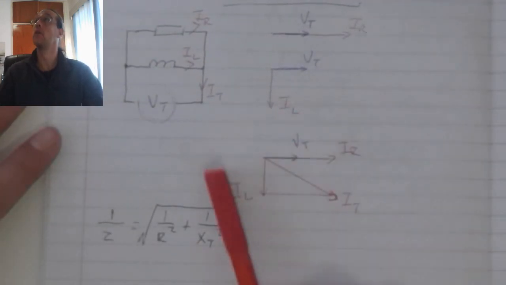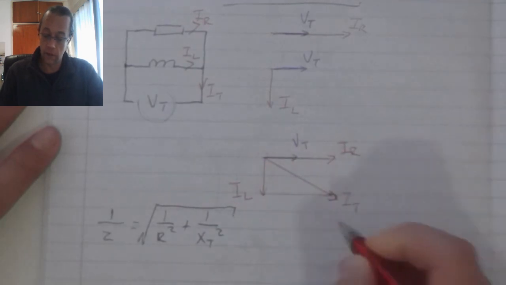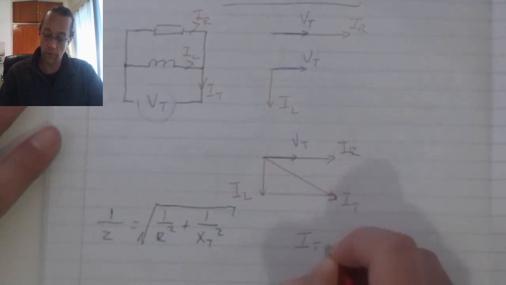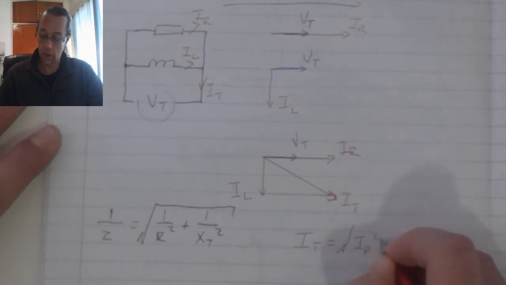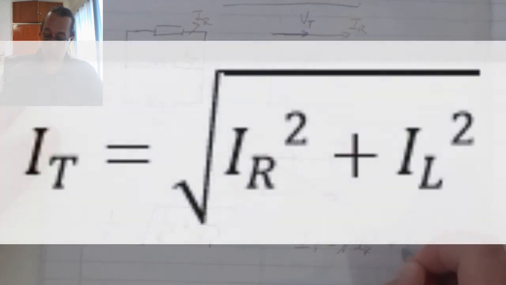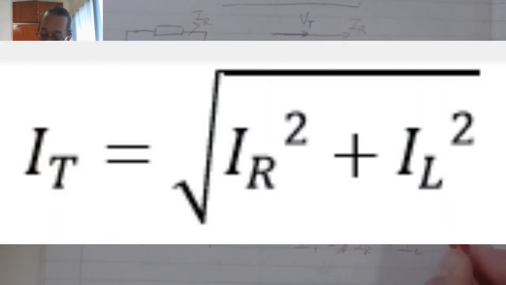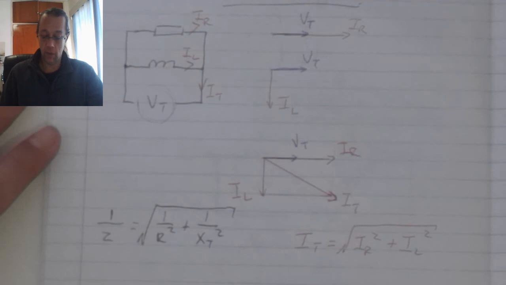Because of Pythagoras occurring again in our phasor diagram, I total is equal to the square root of IR squared, the resistor's current squared, plus the inductor's current squared, and that gives me my total current.